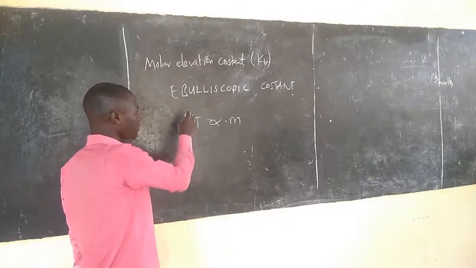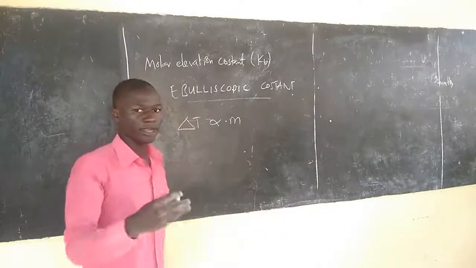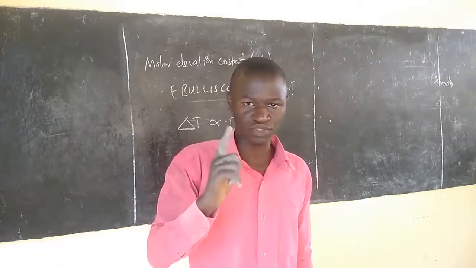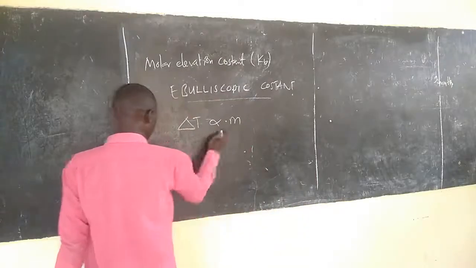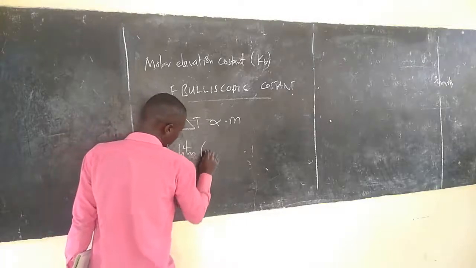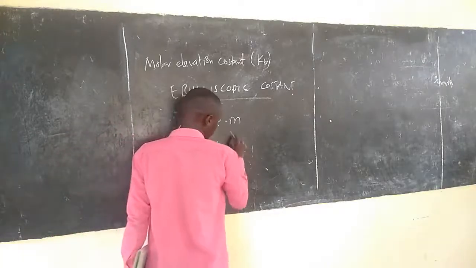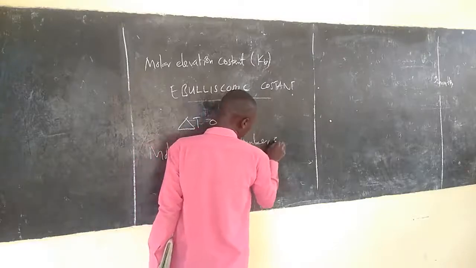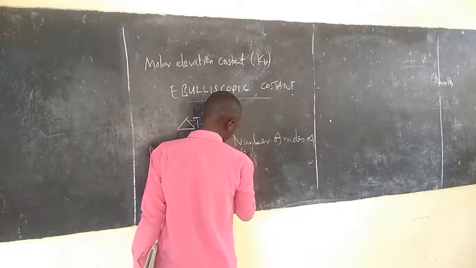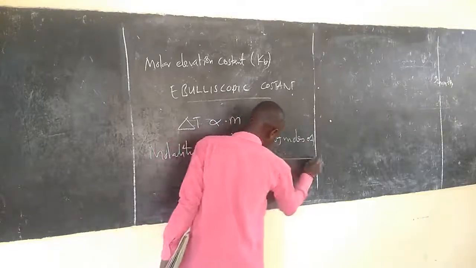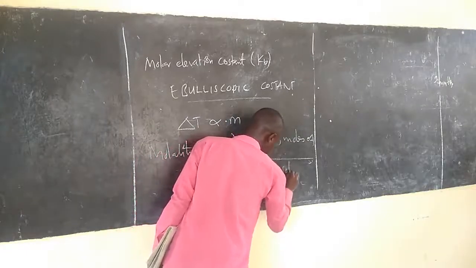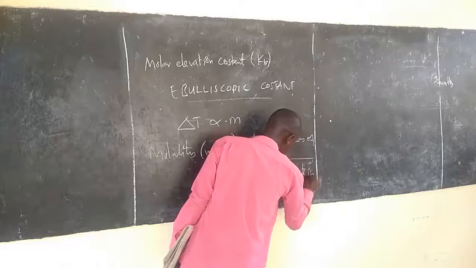So the ebullioscopic constant is the boiling point elevation produced when 1 mole of solute is dissolved in 1 kilogram of solvent. Molality m is equal to the number of moles of solute divided by the mass of solvent in kilograms.